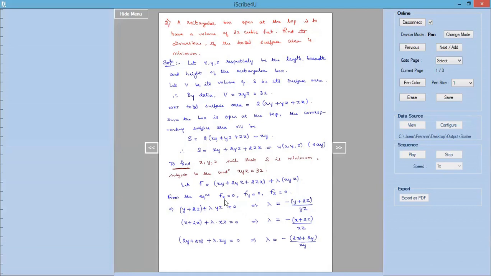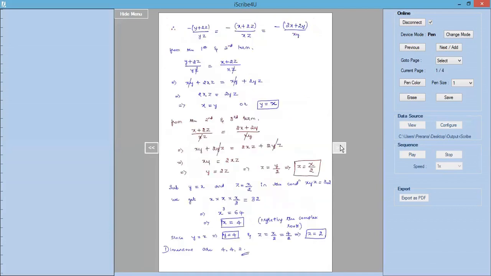We form the equations Fx is equal to 0, Fy is equal to 0, Fz is equal to 0, and solve for x, y, z, and lambda. Then, if you want to obtain the u of xyz value, the stationary value or the minimum or maximum value, you substitute xyz into that expression u, and hence you will obtain the minimum value or the maximum value, whichever has been asked of us.